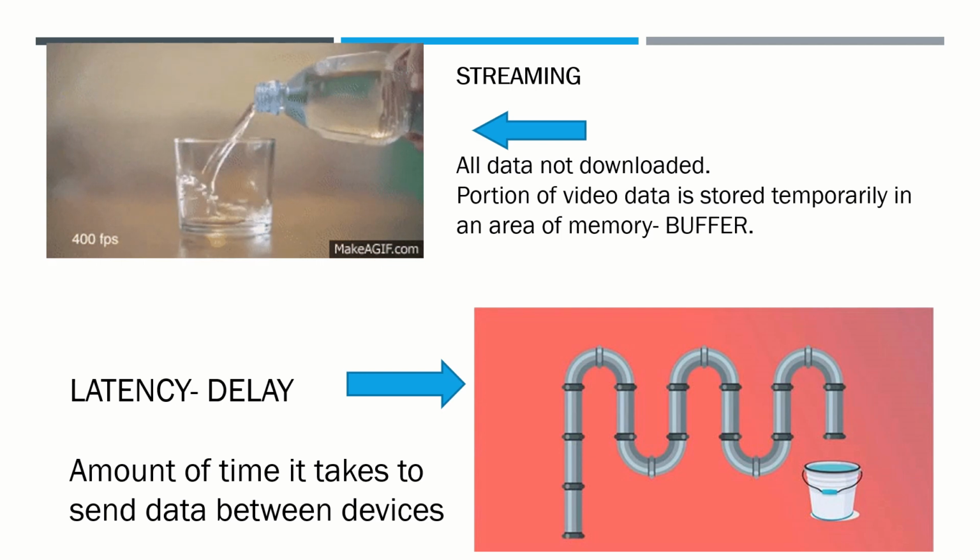You don't download all the videos you watch, or all the audio, or whatever data is online. It is stored somewhere in the server and you stream it. That means a portion of the data is stored in the buffer and then shown to you. So you feel that it is live and everything is loaded in the system, but it is actually not.